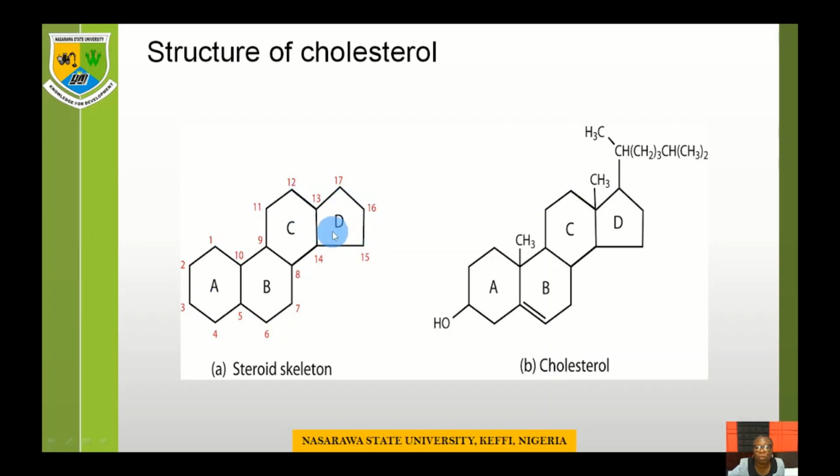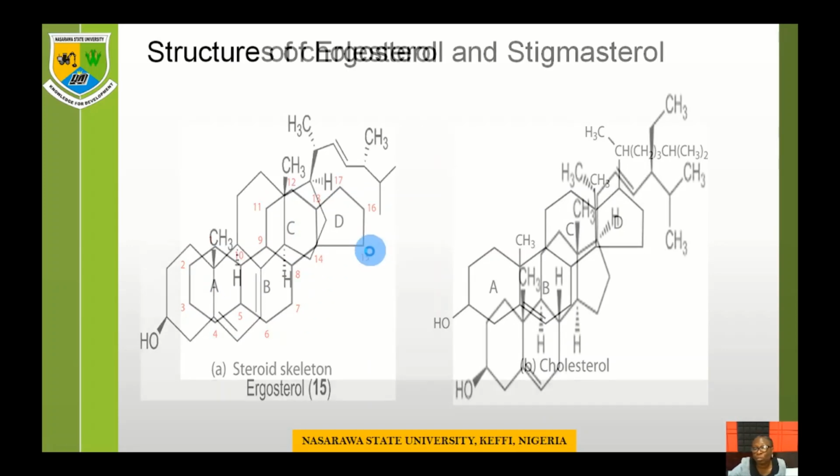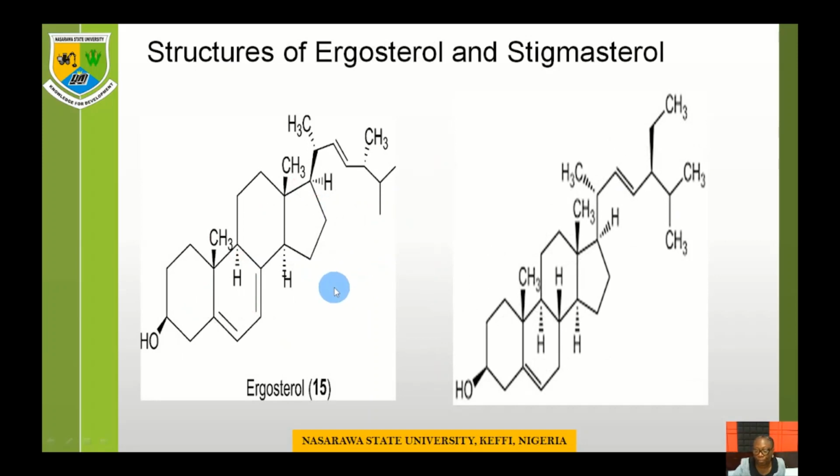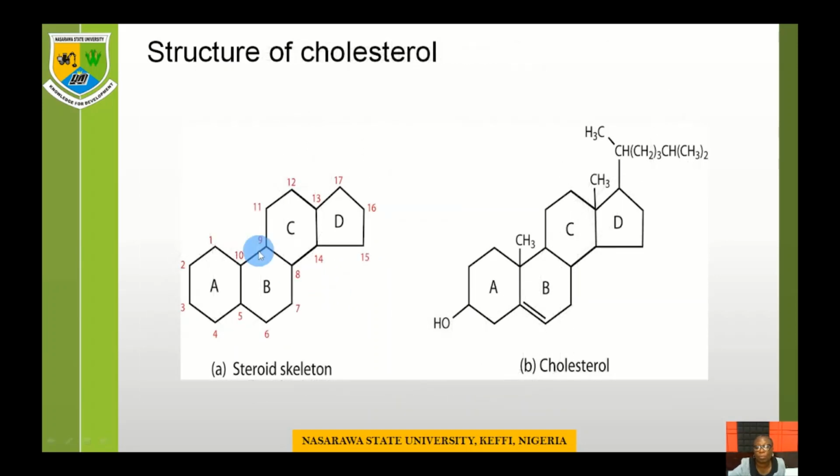So you have 17 carbons on these rings. Then this is the structure of cholesterol, with a methyl group attached at carbon 10, another at carbon 13, and then it has this chain attached at carbon 17.